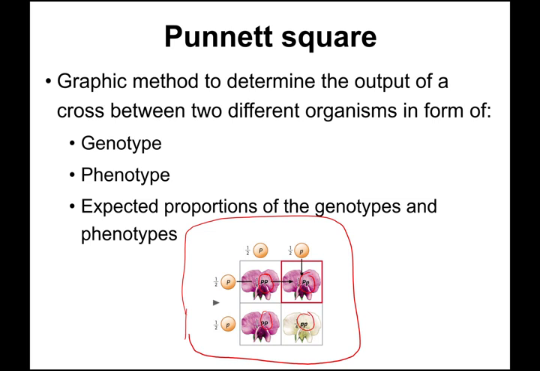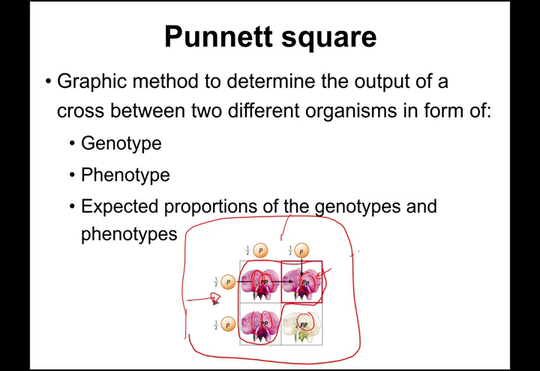Not only that, it allows you to also predict the frequency of the makeup based on the frequency of the gametes containing one allele versus the other. Once you have all of that, you can predict the phenotype. Knowing which allele is dominant over the other allows you to figure out that these plants are, for example, all purple, and the ratio of purple plants, so of a certain phenotype, versus another one.